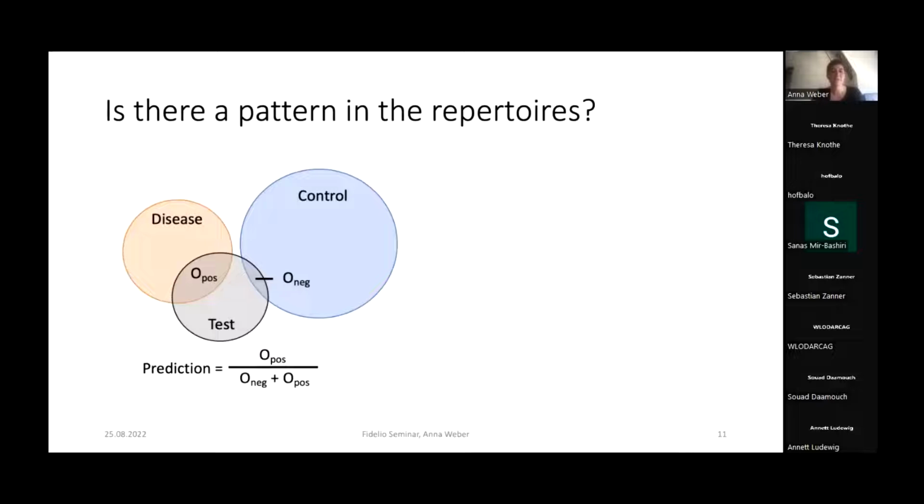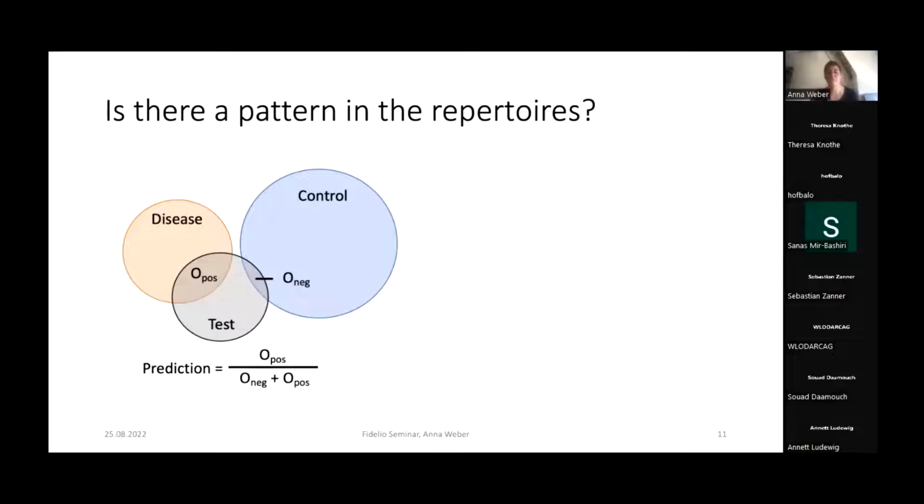So I'm just showing the model. I'm giving it a subset of disease samples and a number of control samples. And then I'm just asking it to look at the overlap of the test repertoire with the disease and with the control samples. If it finds more T-cell receptors that the test sample has in common with disease than with the control, then it's supposed to predict that this is also a diseased patient.